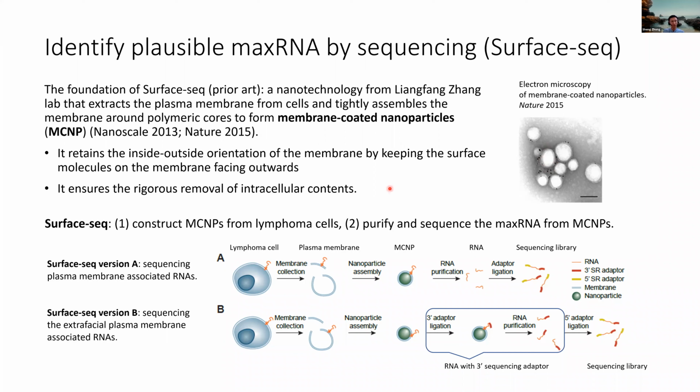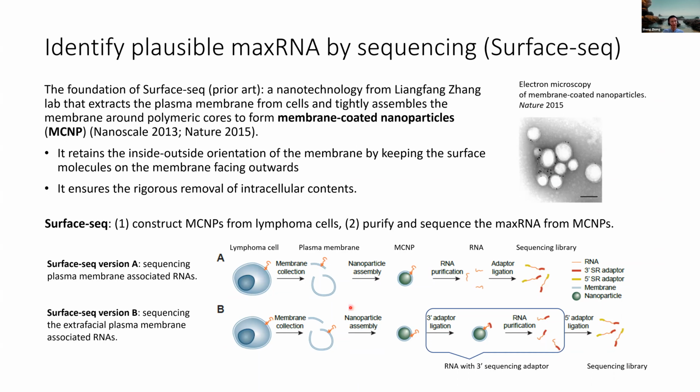There are two unique features of this technology that make it quite useful to us. One is that the inside-outside orientation of the membrane is kept, so that on the nanoparticle core, the inside is still facing the inside of the membrane, and the outside of the membrane is facing outside. Second is that any intracellular material is rigorously removed during the process of assembling such nanoparticles.